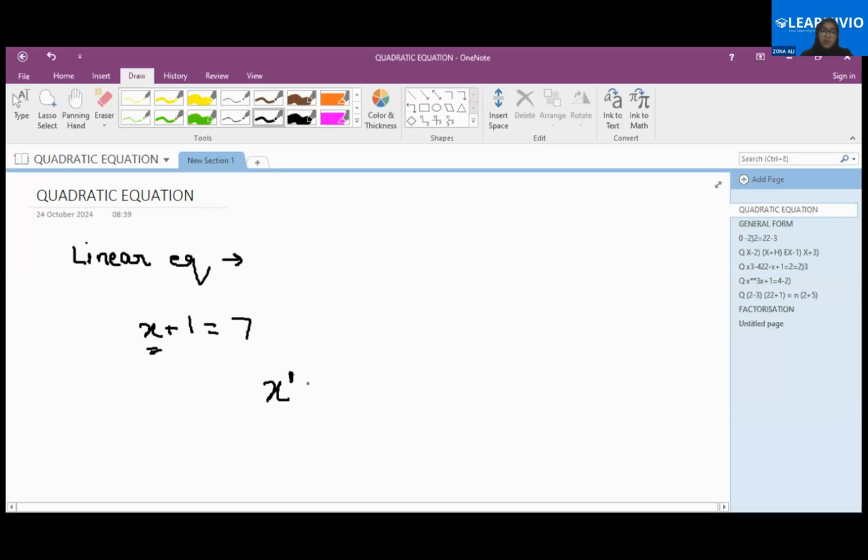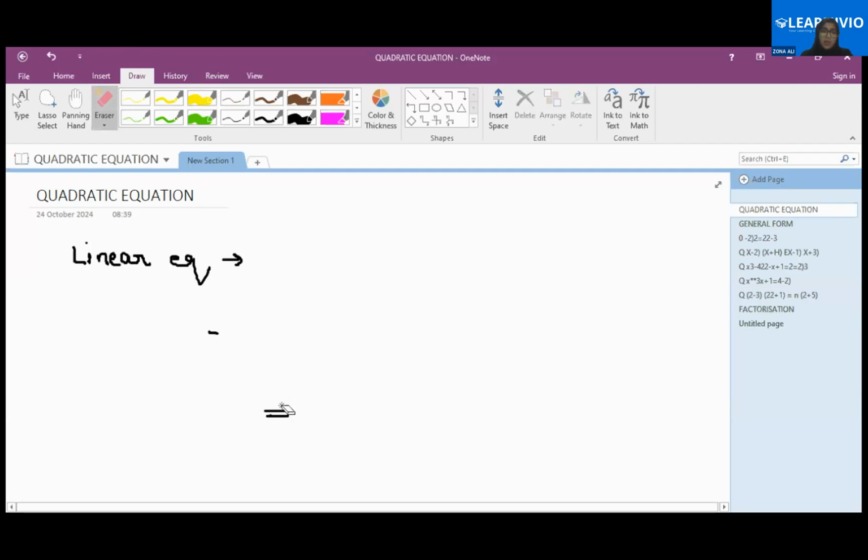Like if I take an example, x plus 1 is equals to 10. So this is a linear equation where the highest power of a variable is what? 1. Okay.